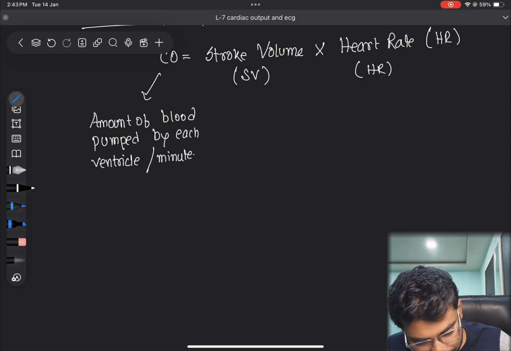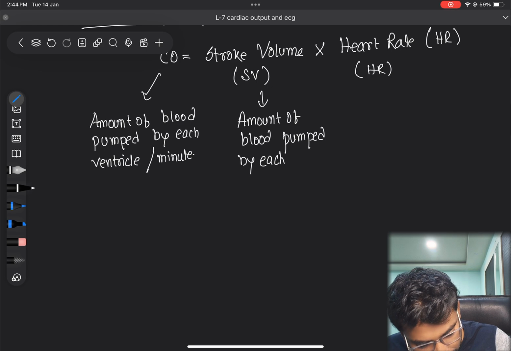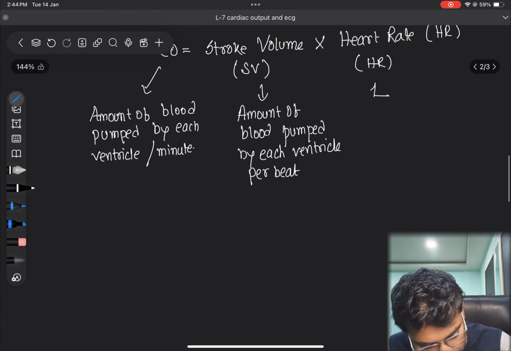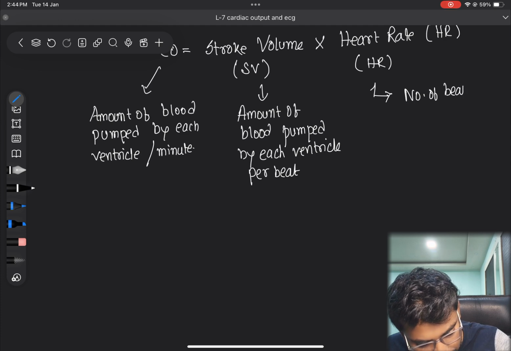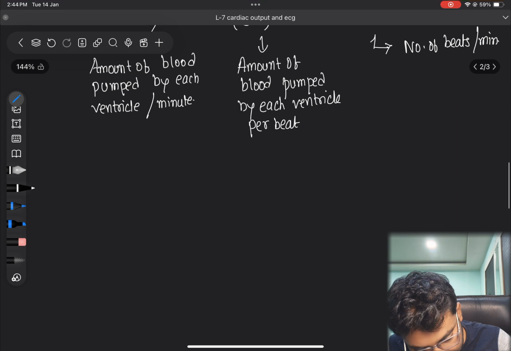Now stroke volume is the amount of blood pumped by each ventricle per beat, multiplied by the number of beats per minute. Okay. Now, what is the cardiac output?